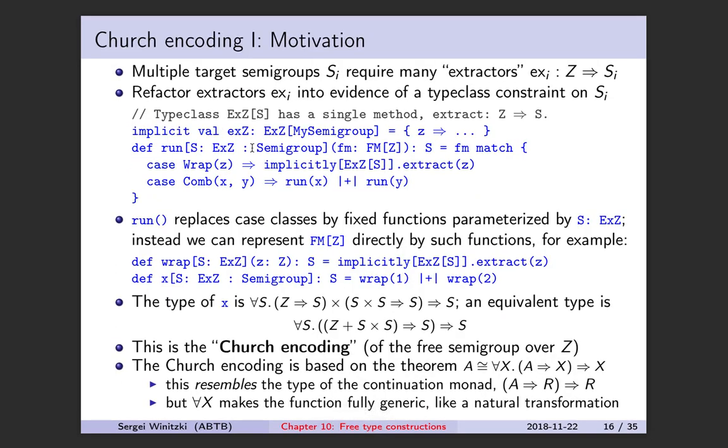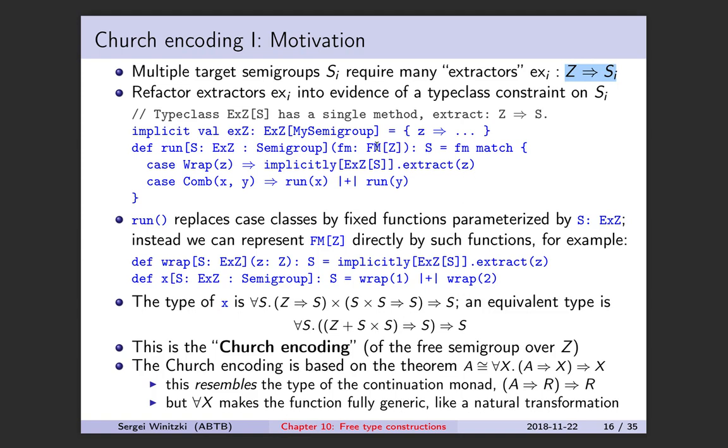Now we will have no such argument. We will just have an argument specifying the free semigroup value, and additionally we will have a type class constraint, which in Scala is translated into an implicit argument of the type EXZ of semigroup, which will just contain this extract function.